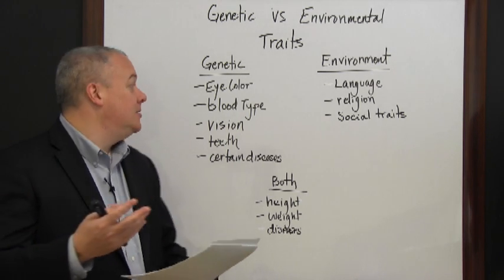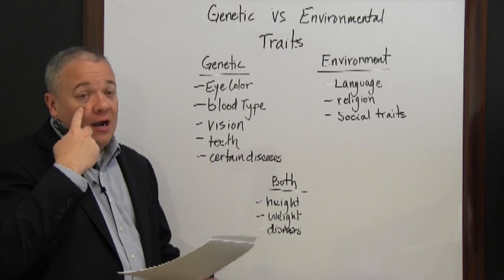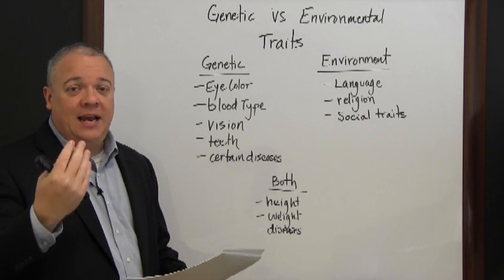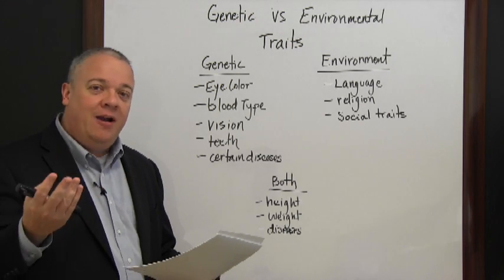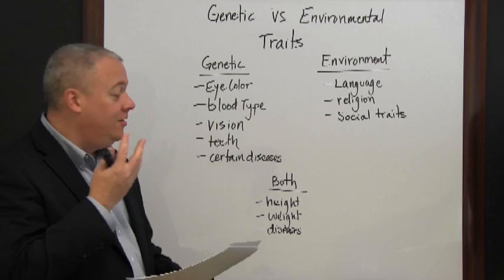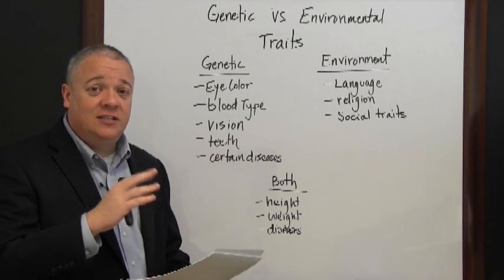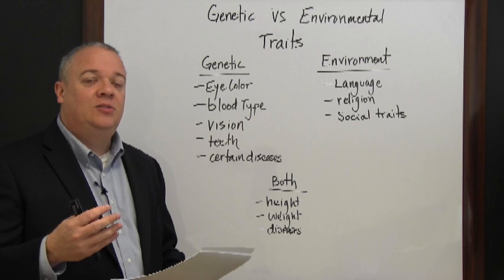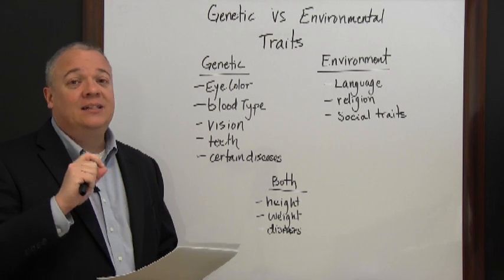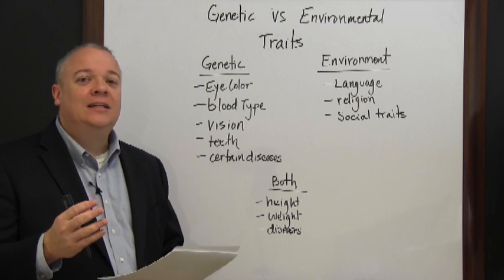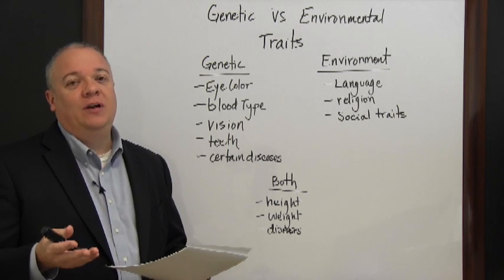So when we begin with looking at genetics, the nature side, what we are born with, what scientists find as they study this is that things like the color of our eyes, our blood type, the quality of our vision, whether we need to have it augmented or repaired through glasses, our teeth, and certain diseases, not all, but certain diseases that we might be prone to, like heart disease. There's been a clear genetic link found that children tend to have eye color based on what they've received from their parents.